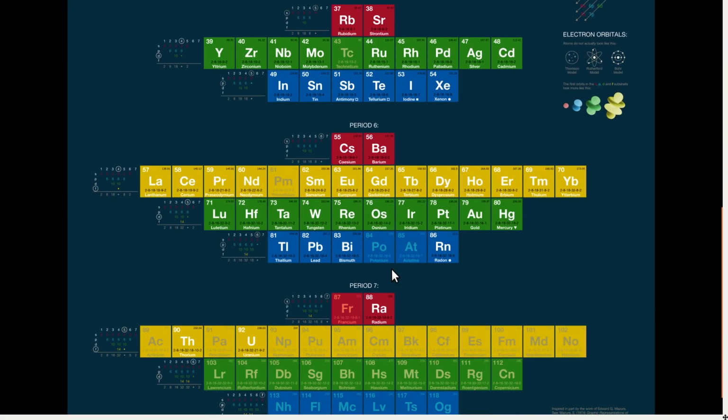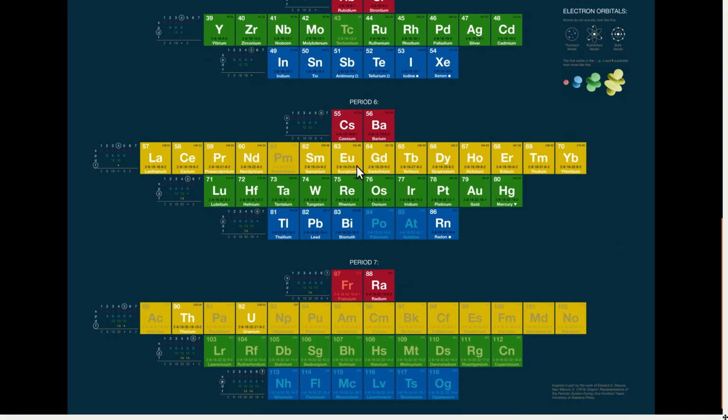And then period 6 and 7 are the largest because they have these large blocks here, which normally are at the bottom of the periodic table. But this way it actually keeps the elements in order, and you can read quite easily top to bottom, left to right. And it also shows that those ones that are normally at the bottom, actually they have elements that come after them.